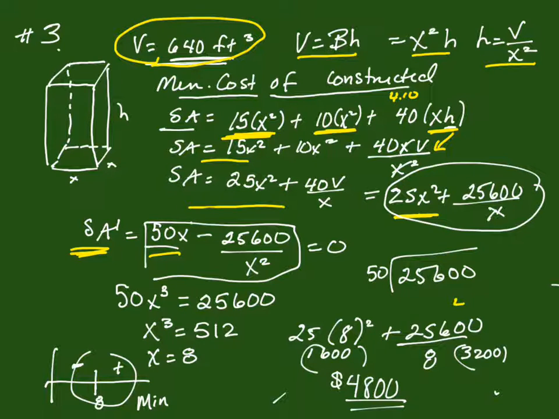All right, let's go on to number 4. Okay, number 4 is a classic problem. A lot of times it's cardboard, but this time they say they have a square piece of tin, all right, and they want to make a box with it, like by folding it up and cutting out the corners. So they're going to cut out these 4 corners, and it says the tin originally was 8 inches by 8 inches.